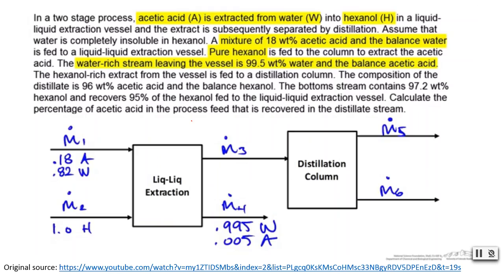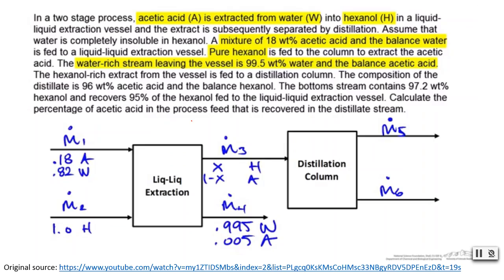The hexanol-rich extract leaving the extraction column is fed to the distillation column. Here it does not provide any information about the composition, so we're going to have to label M3 with an unknown composition variable to represent the mass fraction of hexanol and acetic acid. So here I've labeled the mass fraction of hexanol arbitrarily with the variable x. And again, we know there's no water in this stream, so the mass fraction of acetic acid must be 1 minus x.